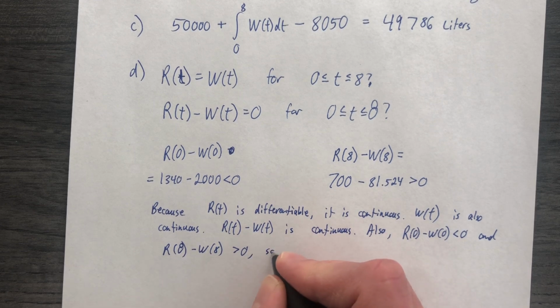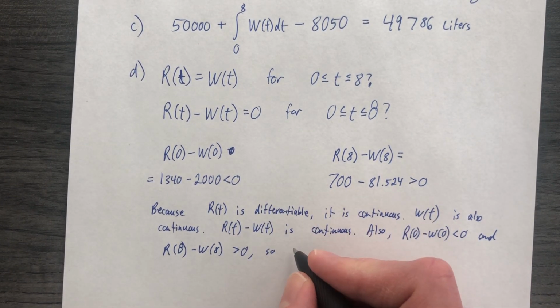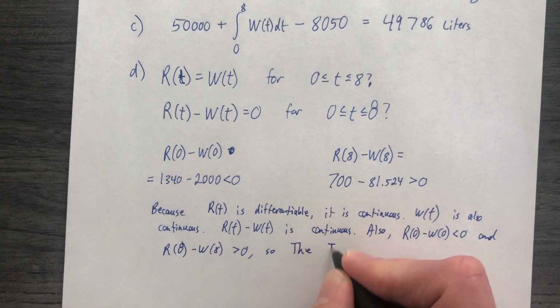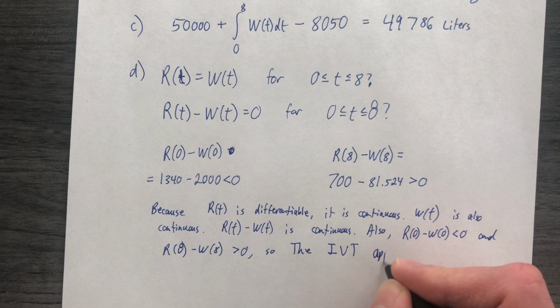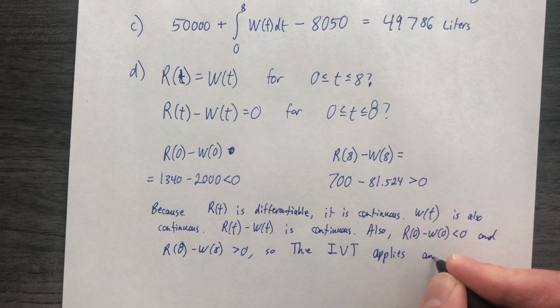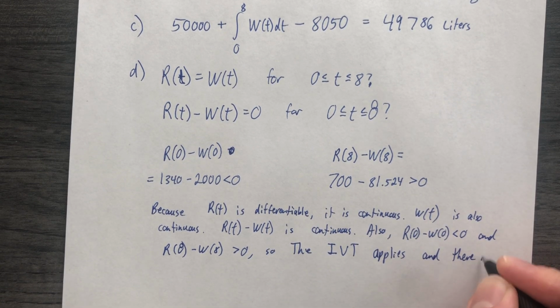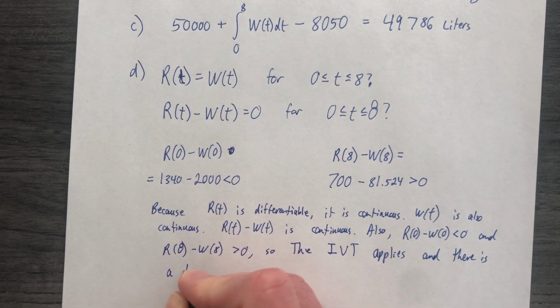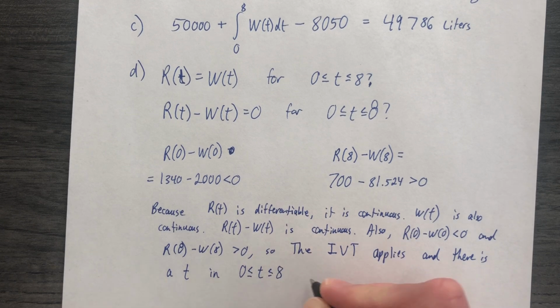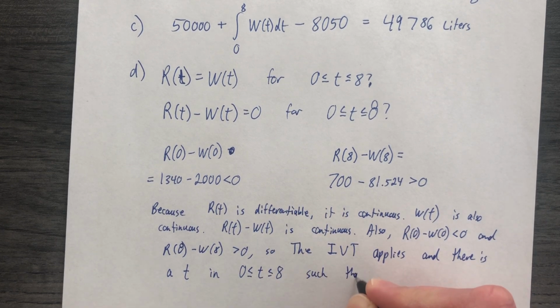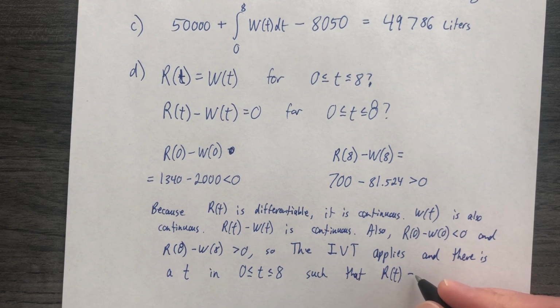So because 0 is in between, the intermediate value theorem applies. And there is a t in the interval from 0 to 8 such that R of t minus W of t equals 0.